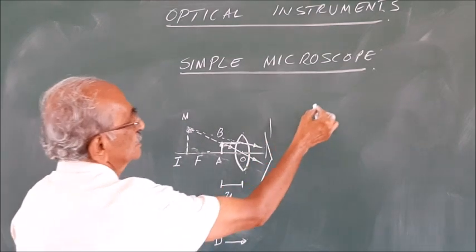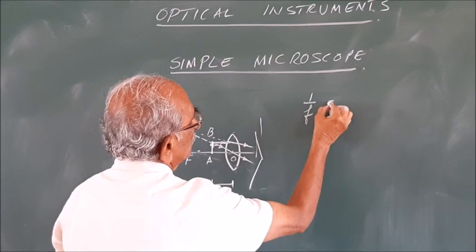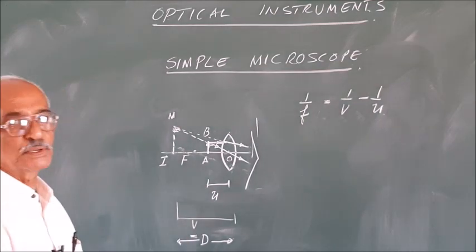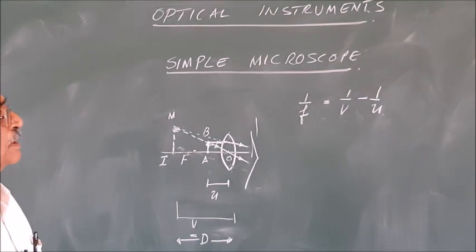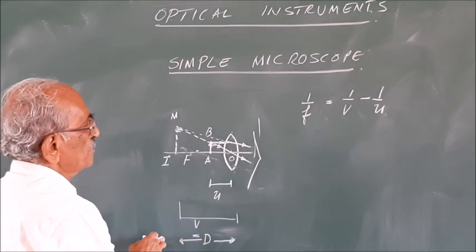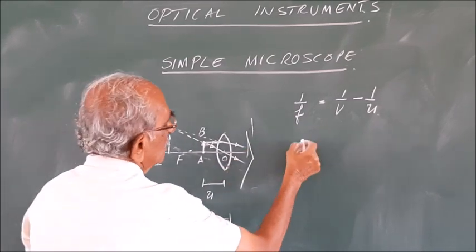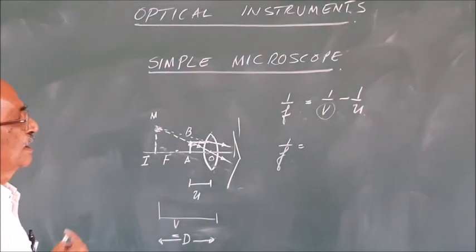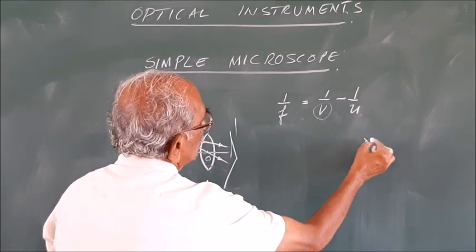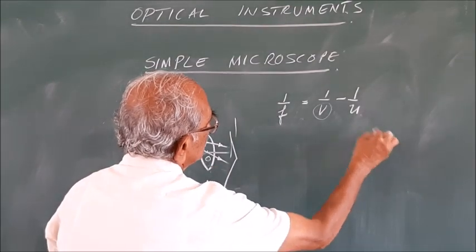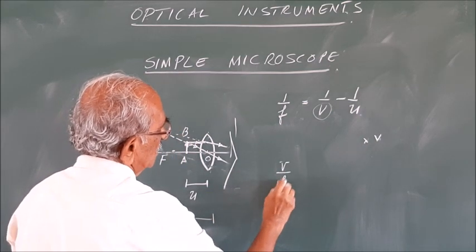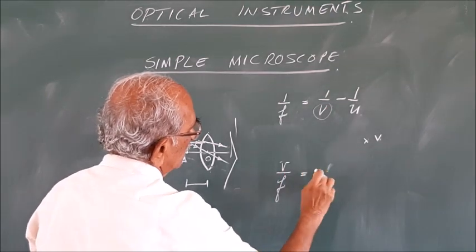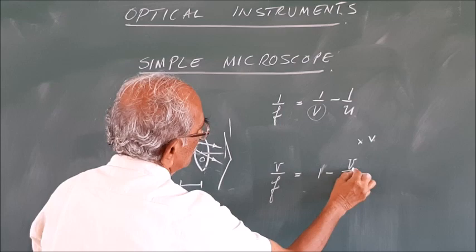Now the expression for magnification can be derived. For any lens, this is the relation: 1 over f equals 1 over v minus 1 over u. I will multiply throughout by v. So v over f equals 1 minus v over u.